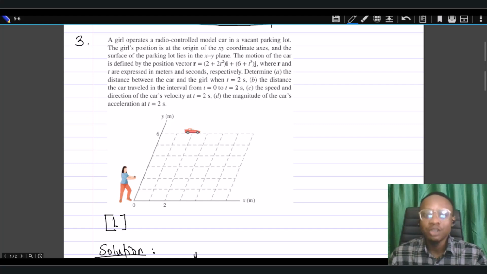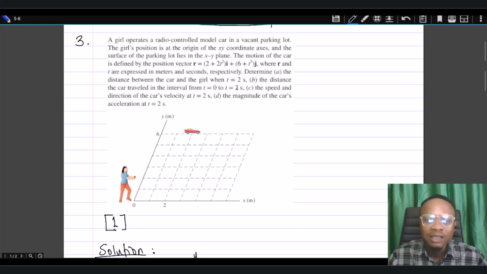When we say distance traveled or distance covered by a body, that is the total length of the path followed by the body. In that case, we have to follow the trajectory of motion of the body and sum up the lengths of all of the paths followed by the body. However, when I say find the distance between point A and point B, that is just the length of the straight line that connects the 2 points.